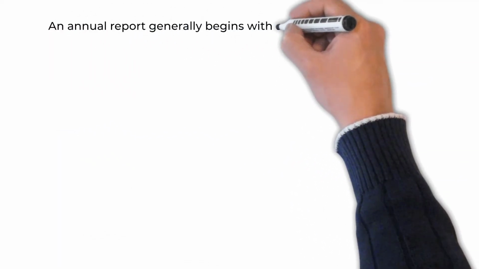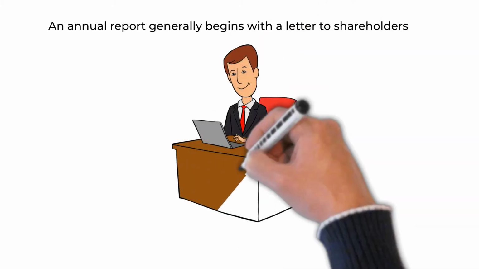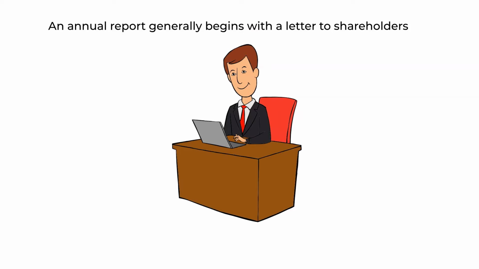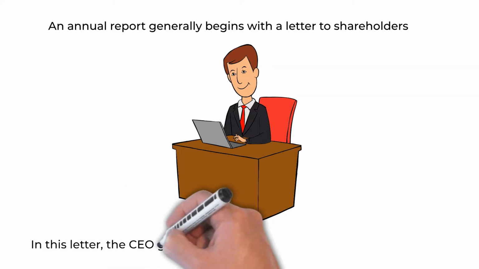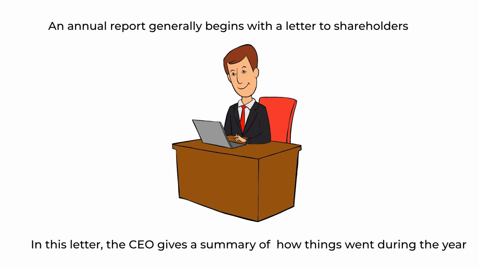An annual report generally begins with a letter to shareholders by the Chief Executive Officer of the company, or CEO. In this letter, the CEO gives a broad summary of how things went during the year.